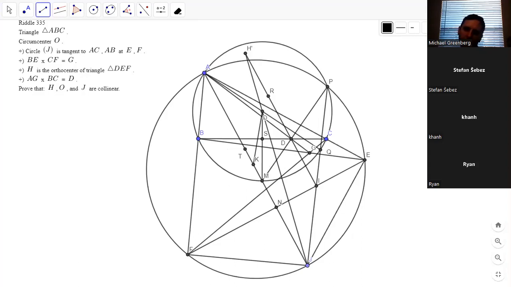ID and OJ. And then we want to show that HT is parallel to OM. I kind of like that because that's the same as showing, so we want to show that JT over JH prime equals JM over JO. And we know that JT is 2JN.